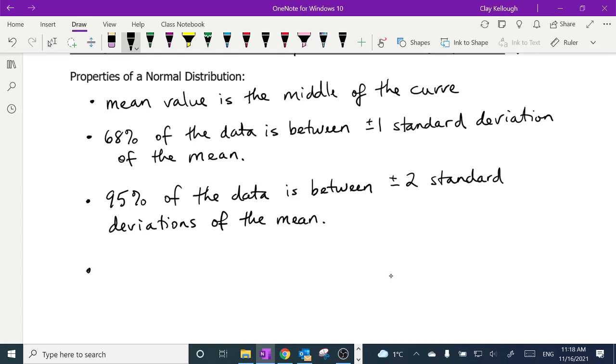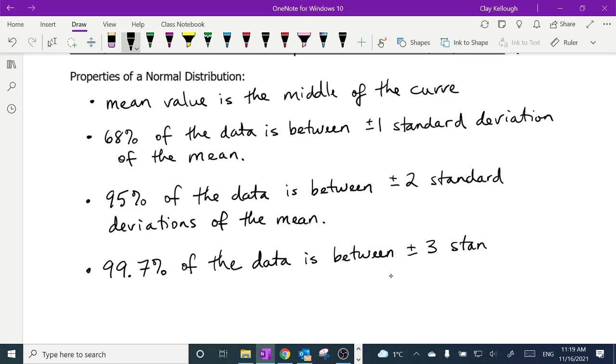And finally, almost all of it, 99.7% of the data, if it's normally distributed, is between plus or minus 3 standard deviations of the mean. I'll give you a sec to catch up to me there.